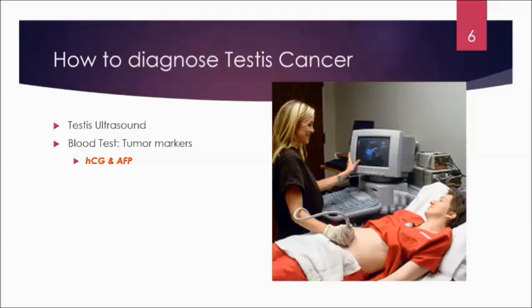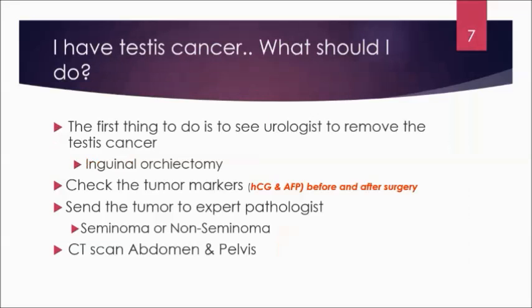So for testicular cancer, we use HCG and AFP. These blood tests help us a lot in the diagnosis, and also in the staging and making the treatment decision. So we always have to do these tumor markers when we're suspecting testicular cancer.